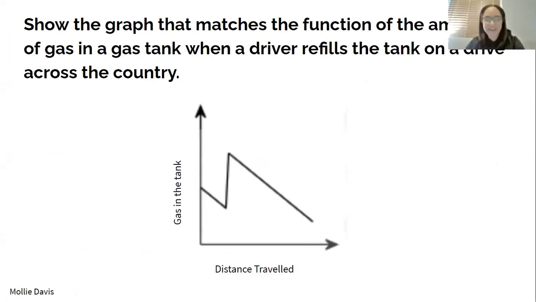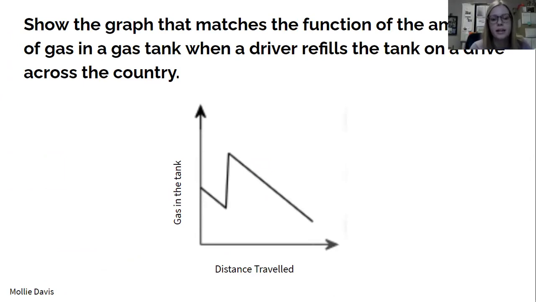Now, Molly, show the graph that matches the function of the amount of gas in a gas tank when a driver refills the tank on a drive across the country. Okay, as you can see, we have the x-axis labeled distance traveled, and the y-axis is labeled gas in the tank.